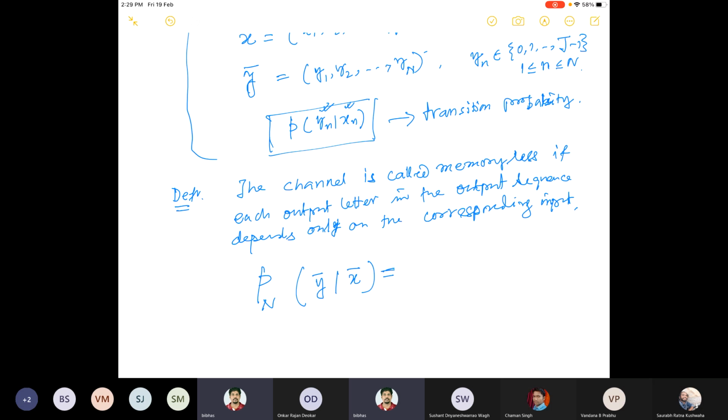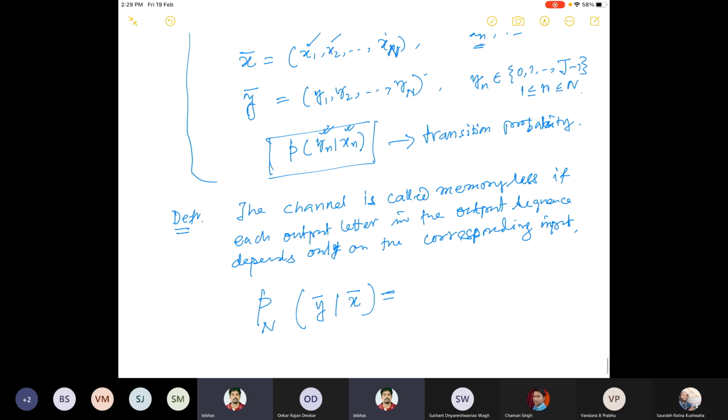I'm saying this probability should depend only on the individual letter probabilities. Then what should I write? What should be my mathematical definition of a memoryless channel? Any idea?